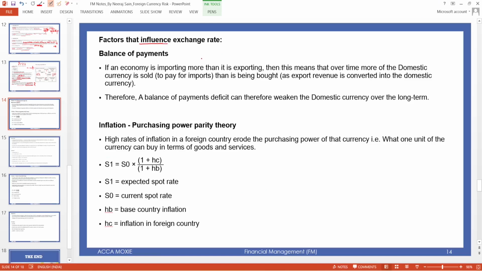Which factors influence the exchange rate? Balance of payment. You know what is the balance of payment?